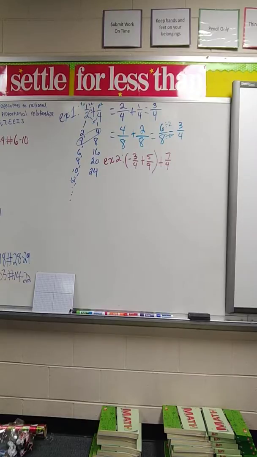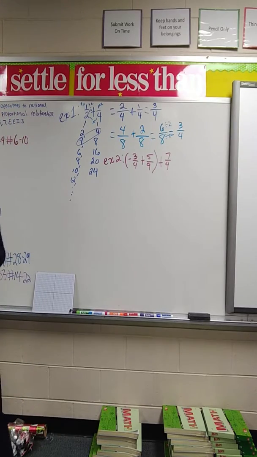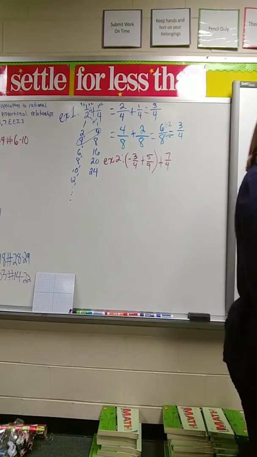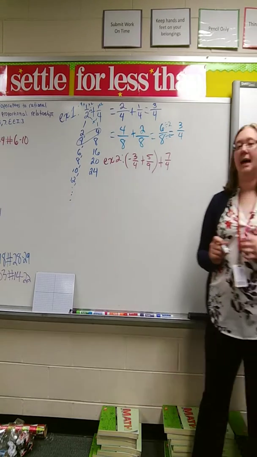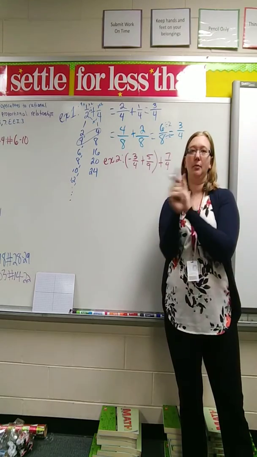Now, there's a couple really cool things that we can do with addition. One of those things is called the commutative property, and the other one is called the associative property. The commutative property means that we can move numbers around when we add or when we multiply to make our problem easier to solve.